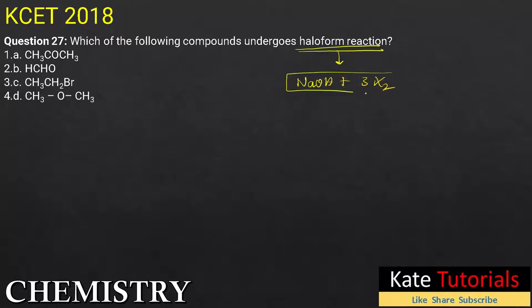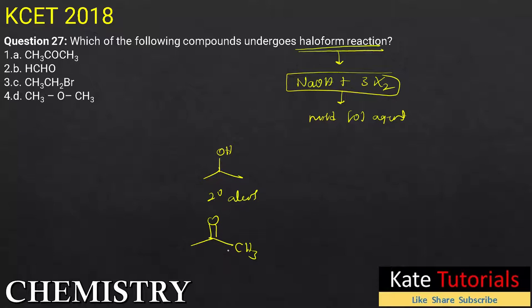This is the haloform reagent, which acts as a mild oxidizing agent, and it reacts with only such molecules like secondary alcohols, or ketones or aldehydes having a CH3 group here. This is the functional group, ketone or aldehyde. The next carbon should be the alpha carbon, and it should have 3 hydrogens, then only this reaction happens.